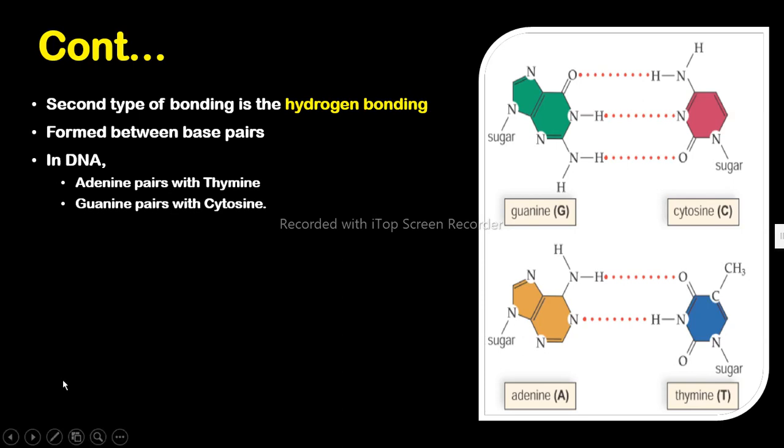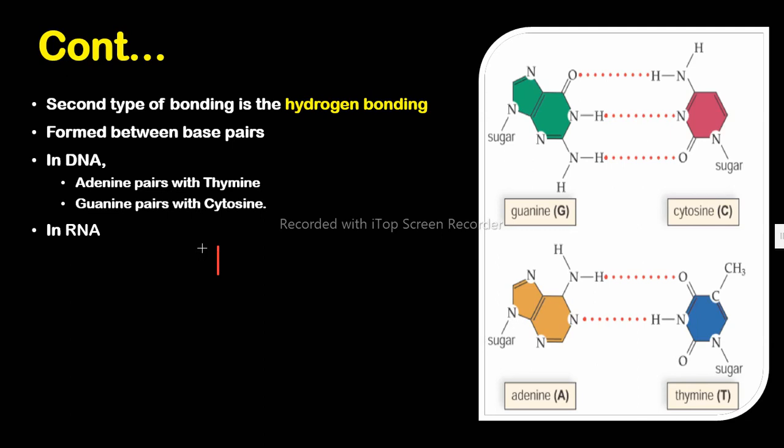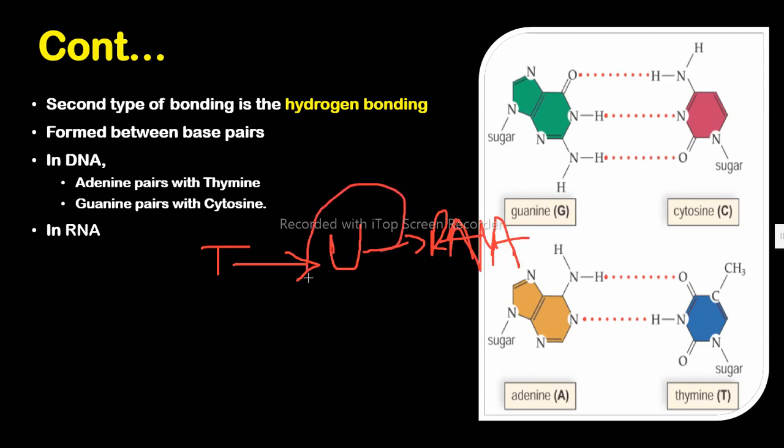But now in RNA, it is unique that base thymine is replaced with base uracil. All ribonucleic acids lack base thymine, and it is replaced by base uracil.